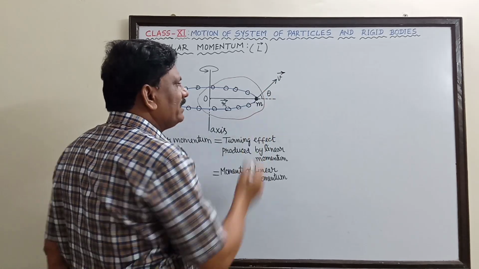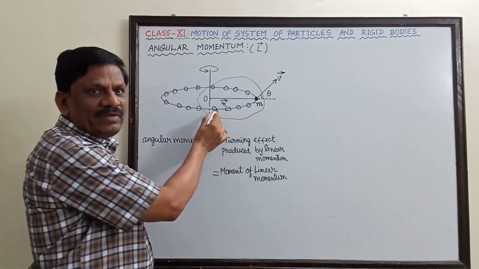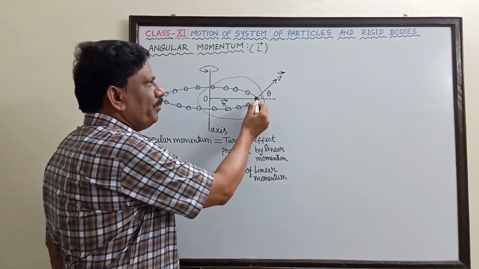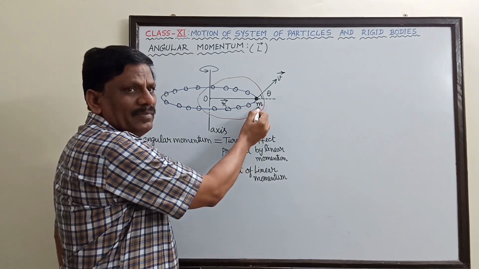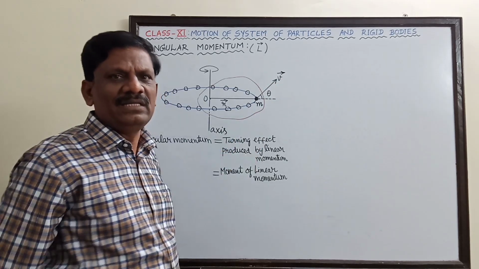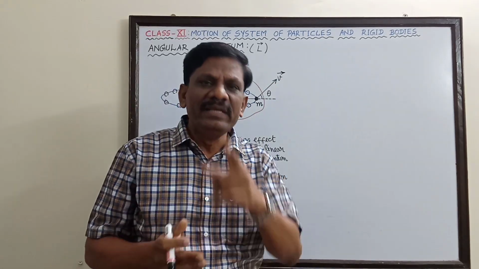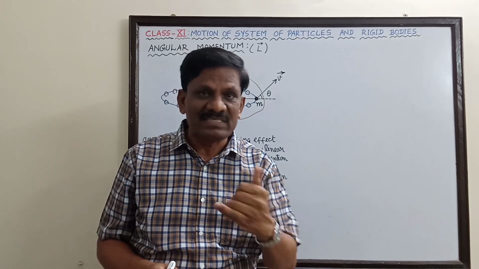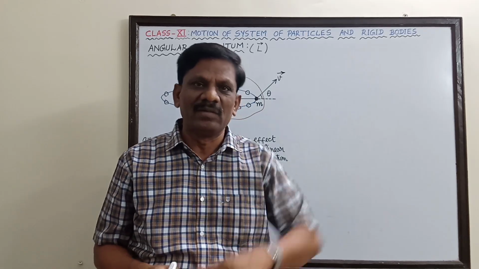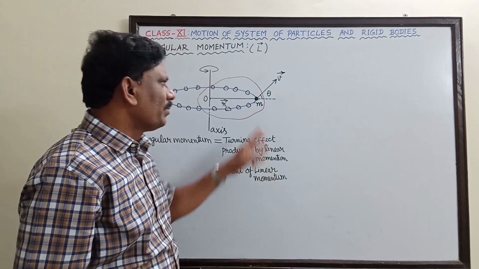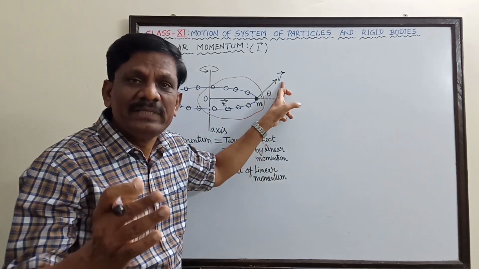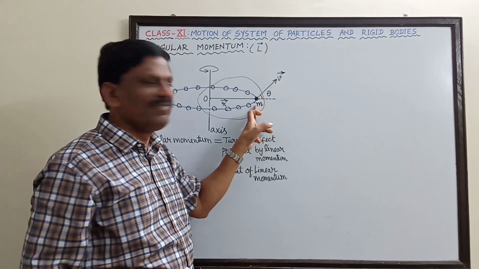It makes an angle theta with the direction of the position vector r. So the mass of the particle m multiplied by the linear velocity will give a linear momentum. The particle will have linear momentum first of all, is it not? Then only angular momentum.